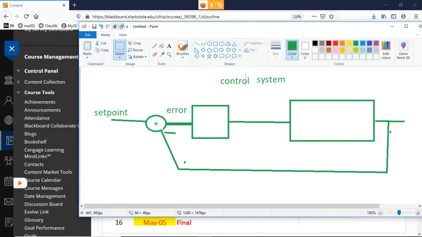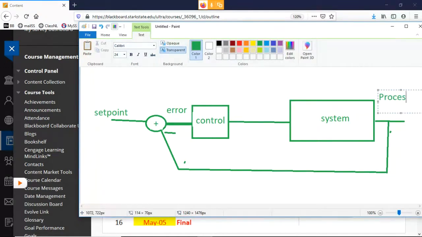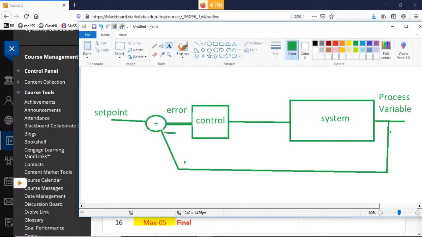So we have our set point over here, and then we generate our control scheme that we're going to feed into the system. And over here is our process variable. It could be a voltage, a temperature, or the weight, whatever. We take this process variable and feed it back. The error is then the set point minus the process variable.